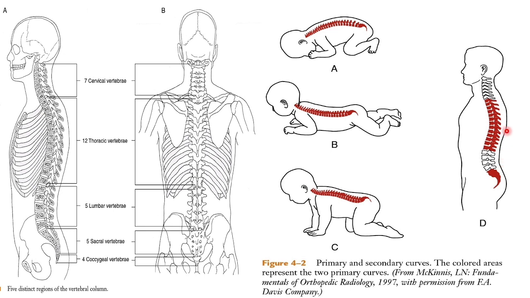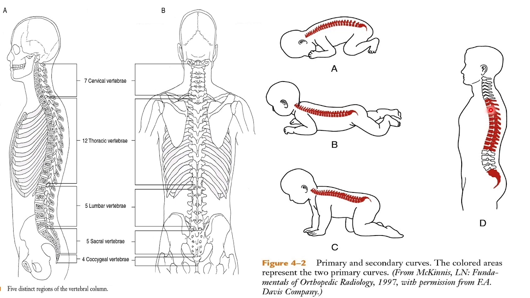The primary curves include the thoracic curve and the sacral curve, whereas the other 2 curves, the cervical and lumbar, show a reversal of the original posterior convexity and are concave in structure. These are known as secondary curves. So the primary curves include your thoracic and sacral regions, and the secondary curves include your cervical and lumbar regions.